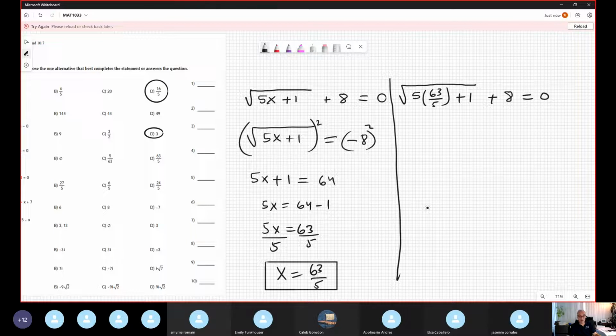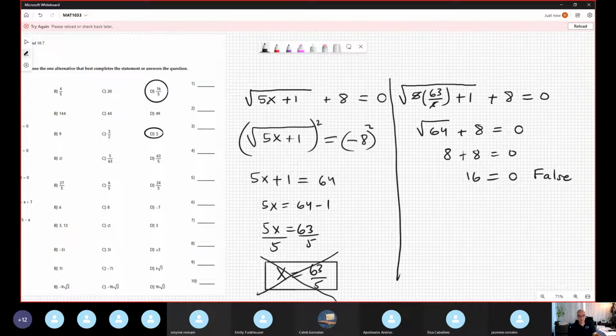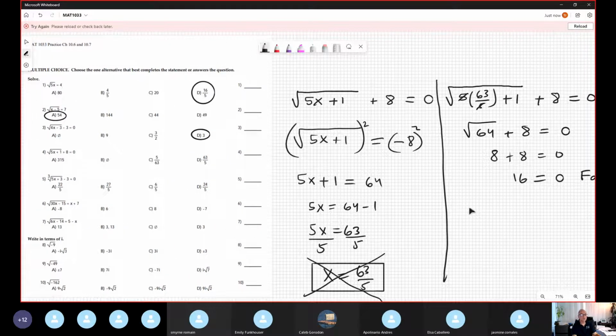I predict it's not true. This 5 cancels. 63 plus 1 is 64. And the square root of 64 is 8, not negative 8. Now 8 plus 8 is 16, which is not 0. Totally false. Now the solution is wrong. So the answer for this radical equation is no solution.